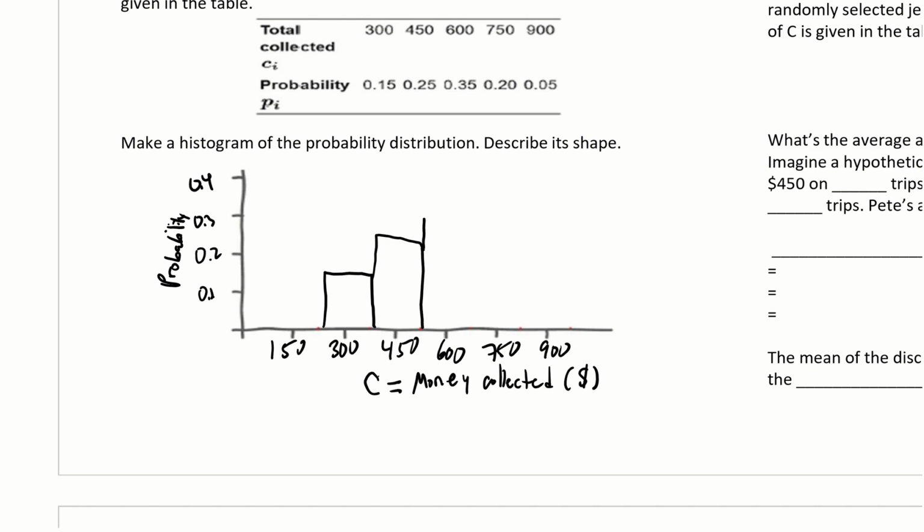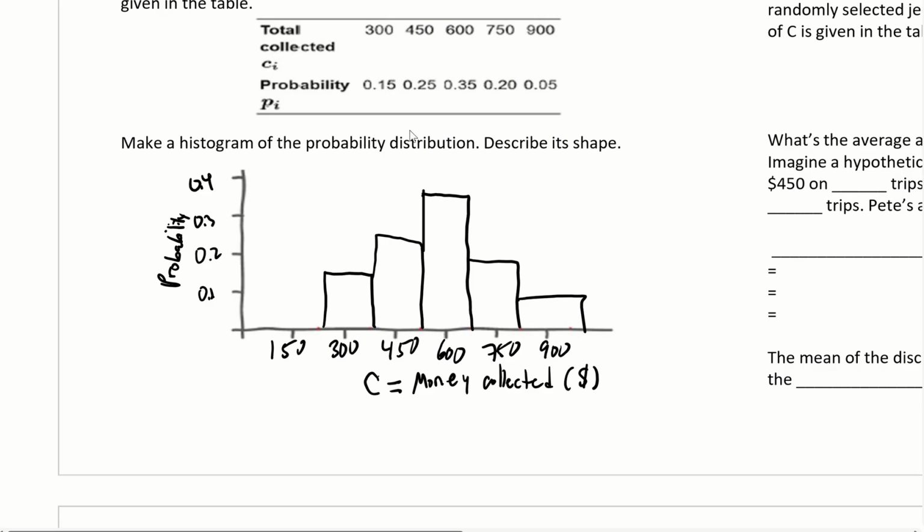And 0.35. Remember, in a histogram, the bars have to touch, okay? So they have to overlap, to touch each other. And then 750, we have 0.20. And then lastly, 900 is 0.05.